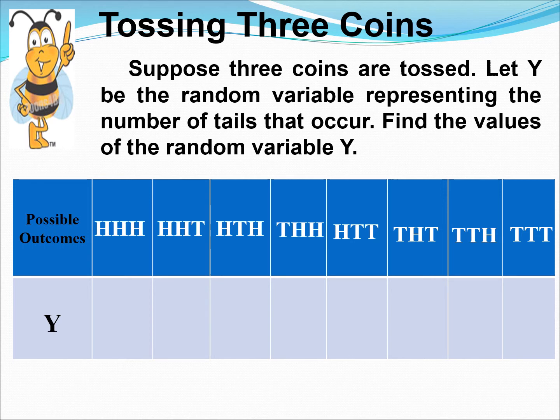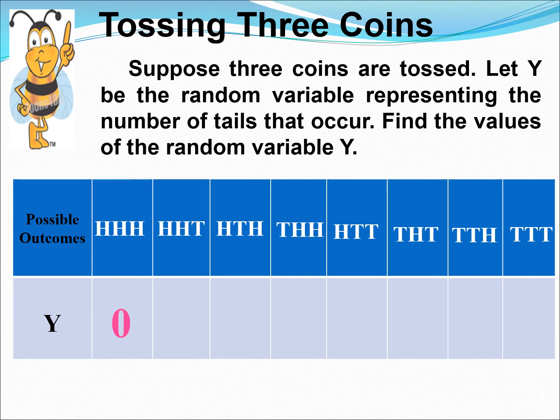From these possible outcomes, we're going to count the number of tails. From the first possible outcome, how many tails occur? We have 0 because the 3 coins appeared as head, so 0.